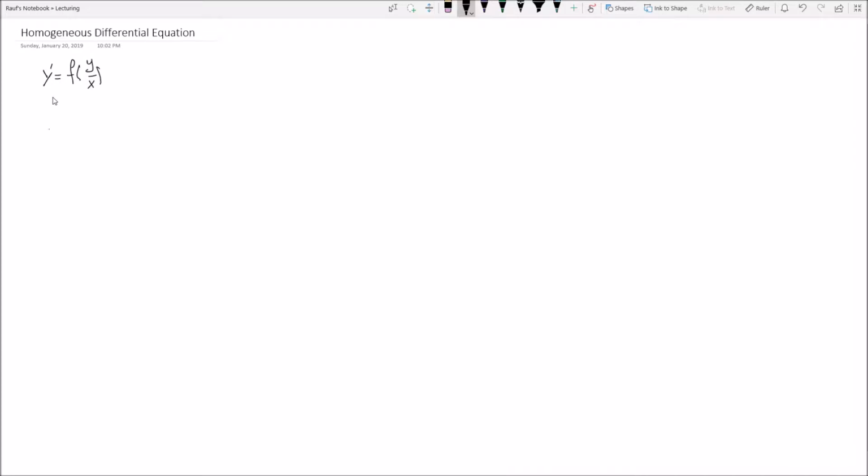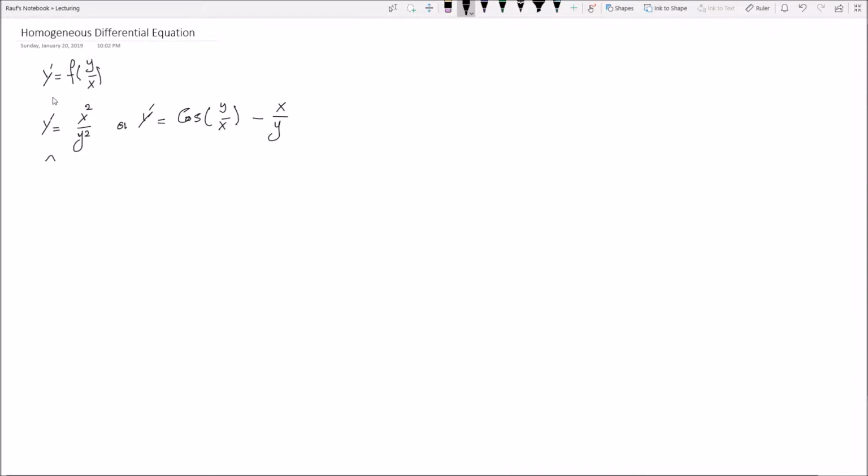An example of that, the equation being homogeneous could look like y prime equals x squared over y squared, or y prime could equal cosine of y over x minus x over y.